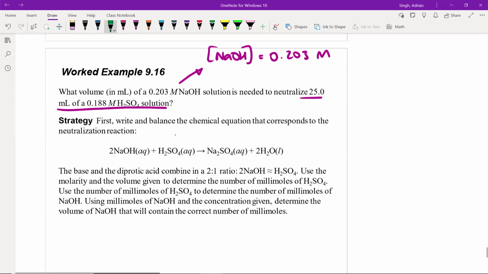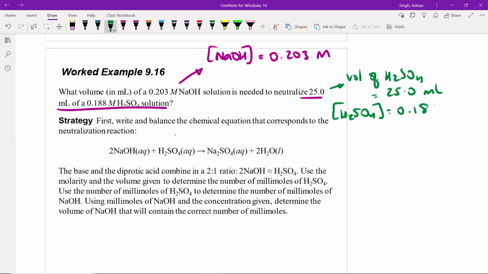So we're given information about the sulfuric acid. The volume of H2SO4 is 25.0 mLs. We're also given the concentration of H2SO4 is 0.188 molar.